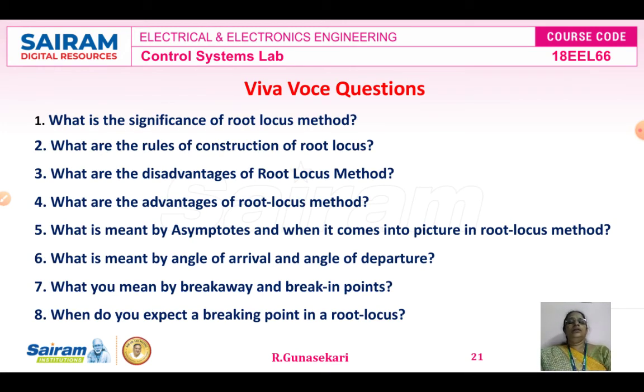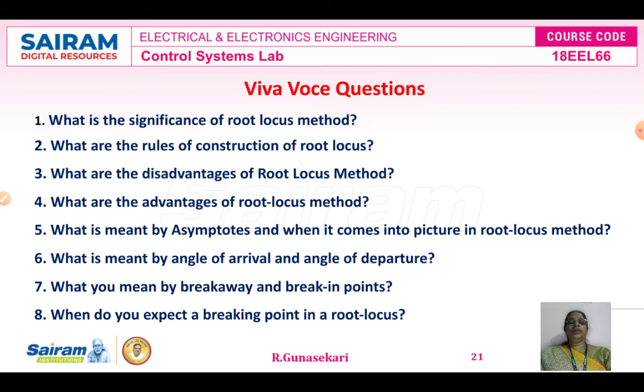Then viva voce questions for this experiment. I gave some sample questions. What is the significance of the root locus method? What are the rules of construction of the root locus? What are the disadvantages of the root locus method? What are the advantages of the root locus method?